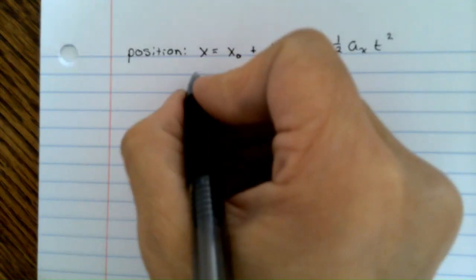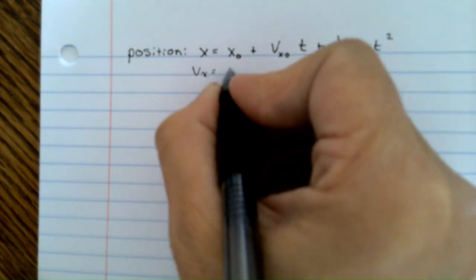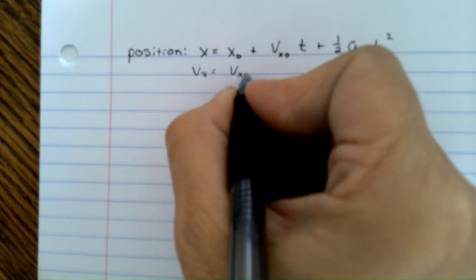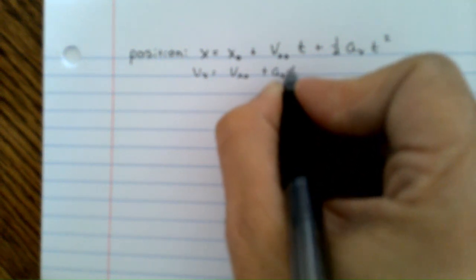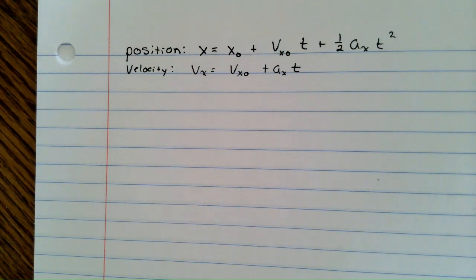And then you probably have velocity equals v sub x0 plus a sub x t. Okay, if you're a person who gets blinded by variables, be very careful here.